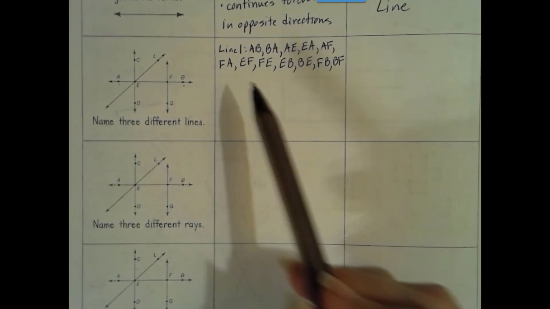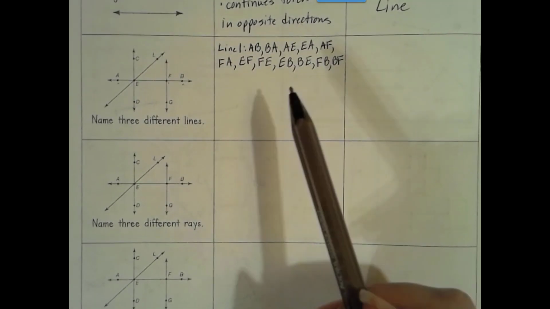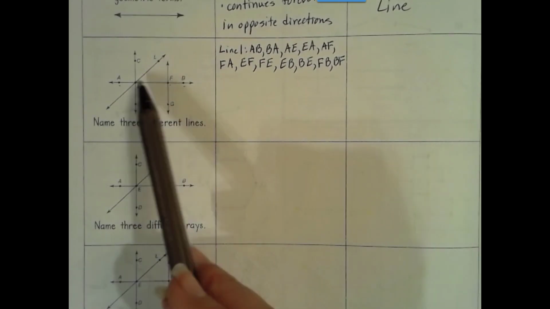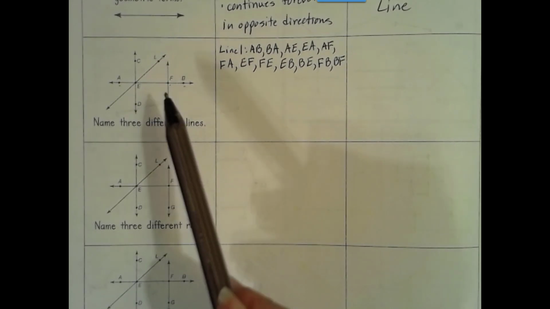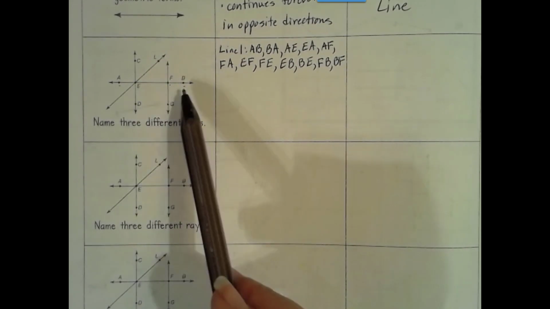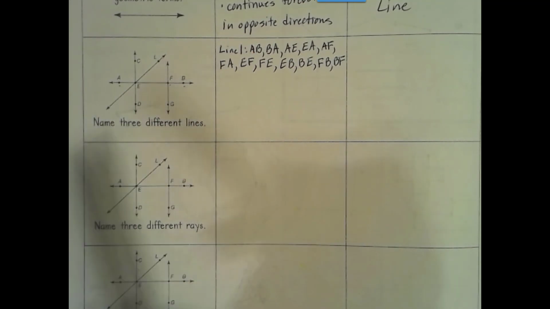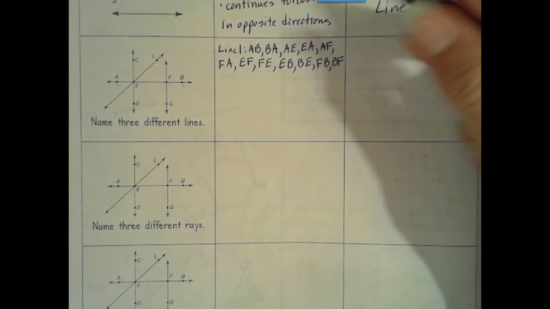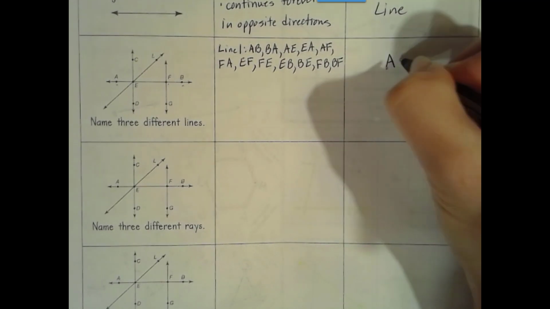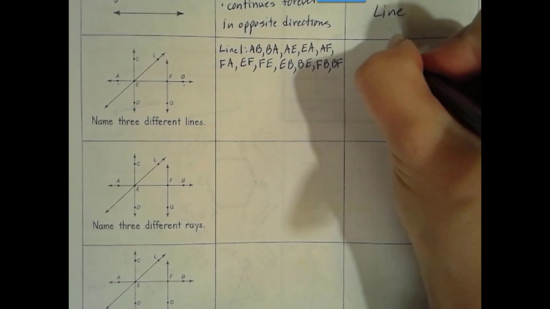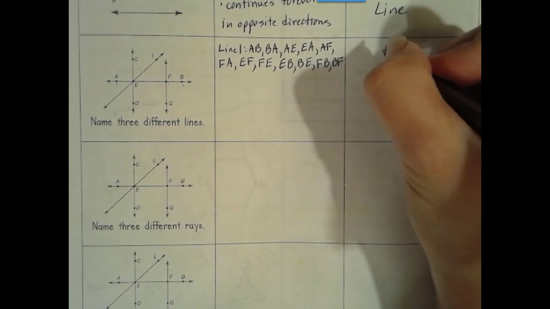These are all different ones that you could use. But if you notice, they're all on the same line. So it doesn't matter which two you pick, and that would be enough information. One is not. So you just pick two letters, and then to know it's a line, I'm going to just pick the first one. Because these are notes, I want you to have an example of all the different ways. And to know it's a line, I actually draw a line right above it.